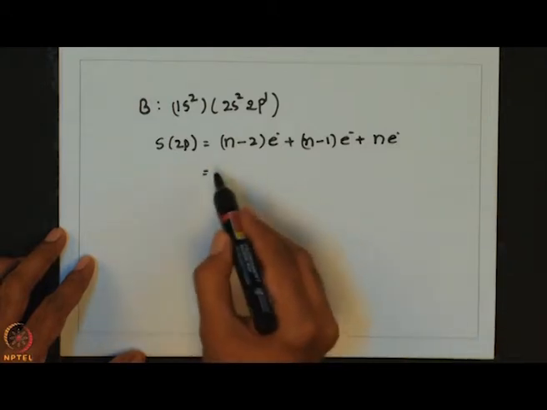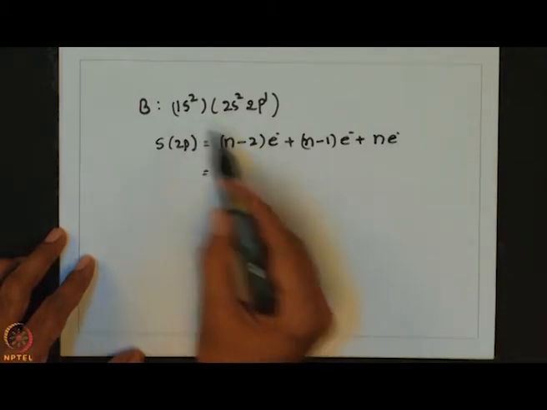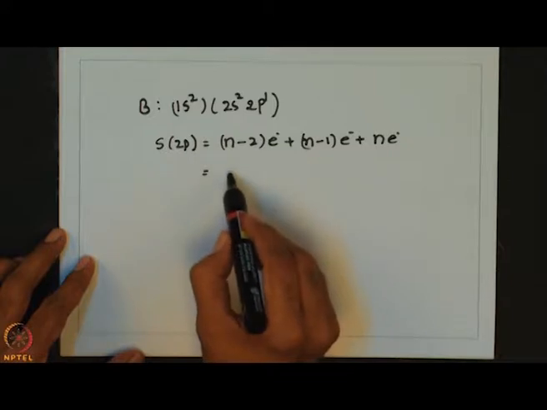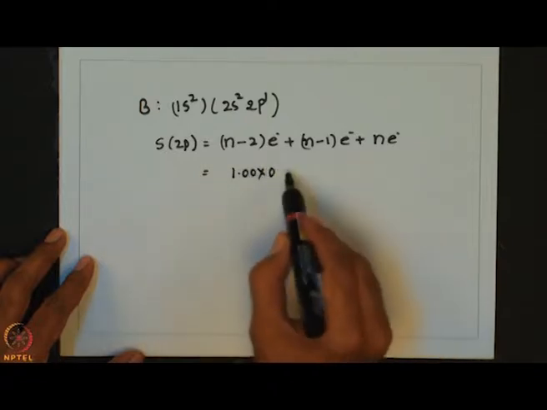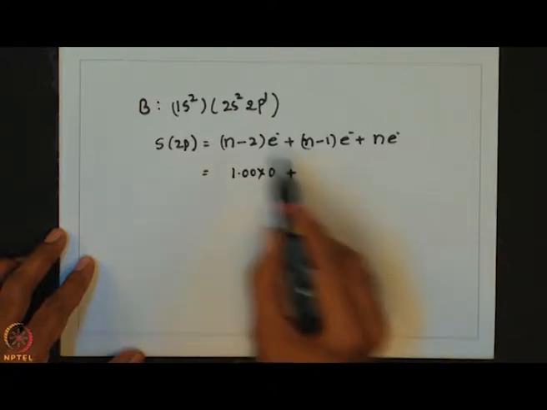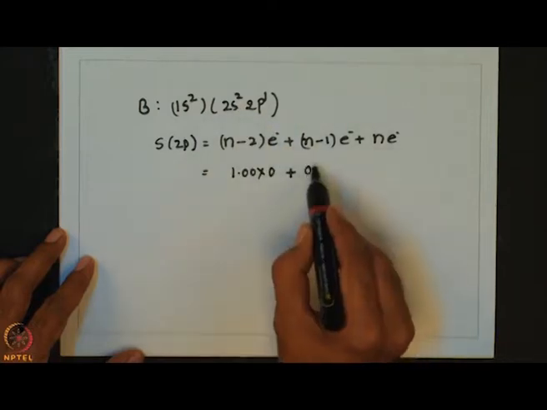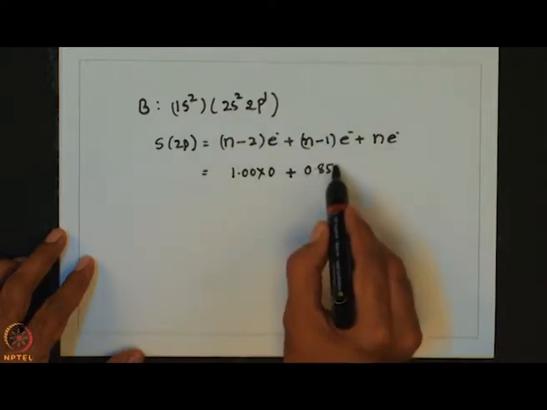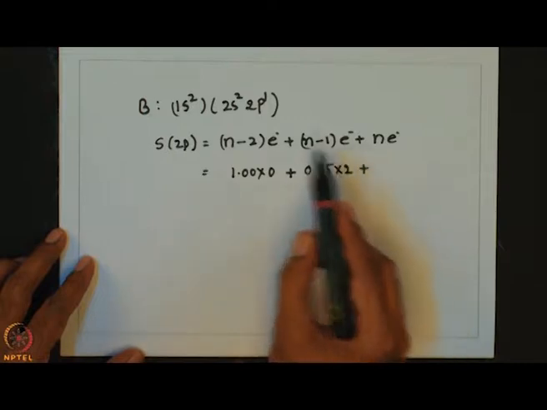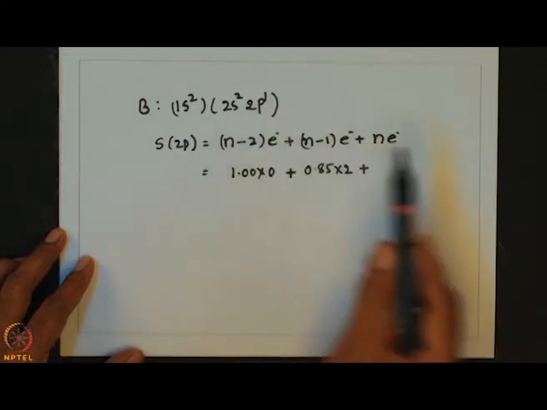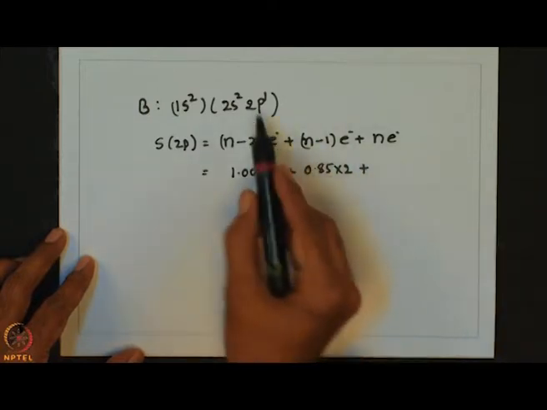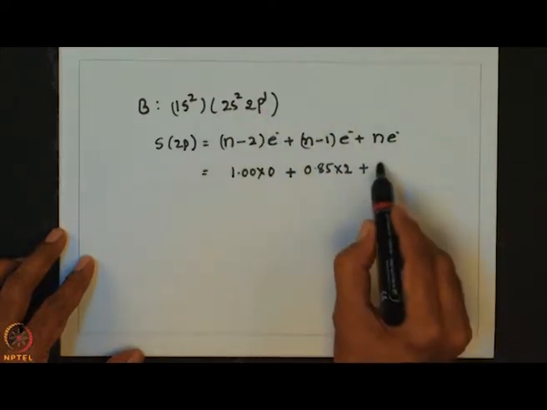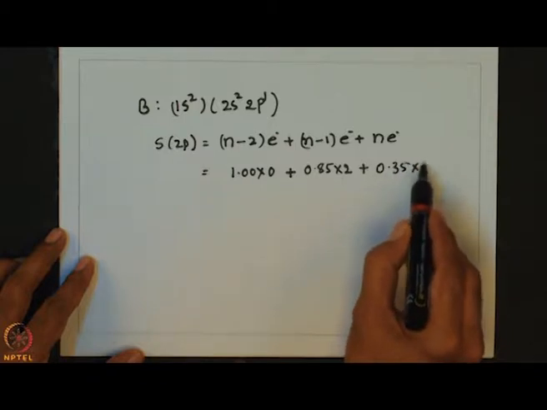So, here for n minus 2 we do not have anything, zero, plus we have 2 electrons here, 0.85 into 2, and then here only 1 electron is there, and in this case we have 2 electrons, 0.35 into 2.